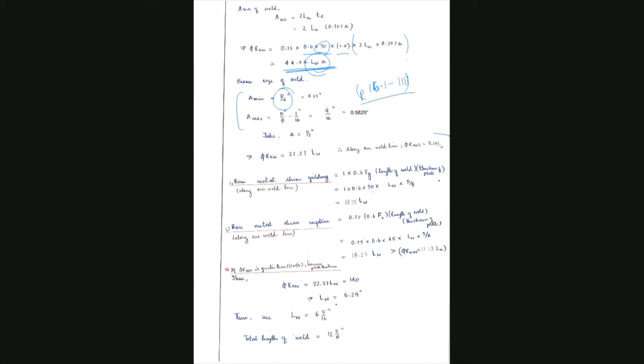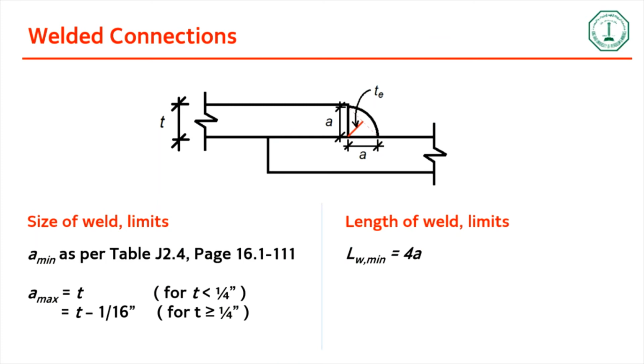And then the a maximum is again based on the discussion we just had a few minutes ago. We can just bring that up again so that we understand it better. You see how it is. a minimum is taken from the manual directly. This is really dependent upon this thickness. Now a max depends upon the thickness of the material.